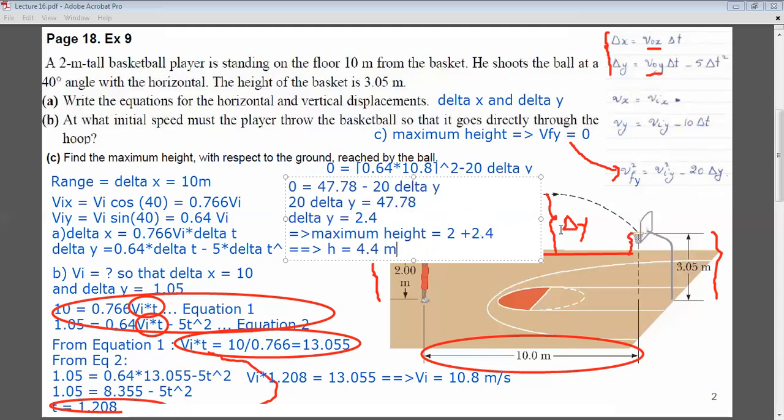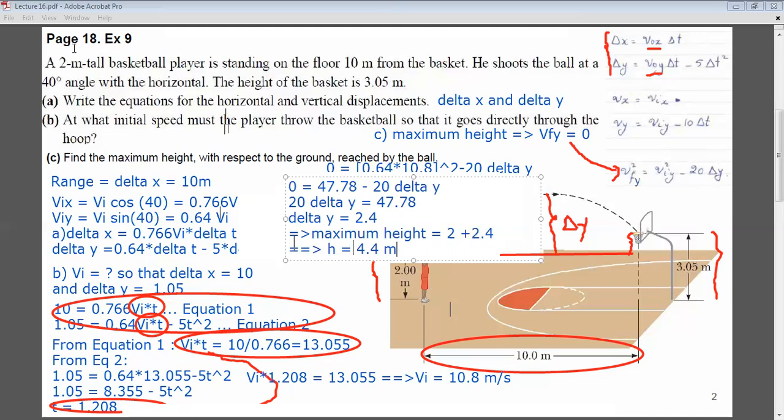Okay, so this way, after we calculated delta Y, we added to it the height of the guy, because this delta Y is from where he hit the ball till where it reached the loop. Okay, so this is the full solution to this problem.